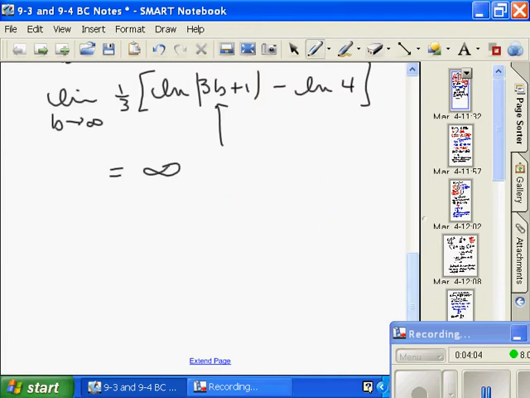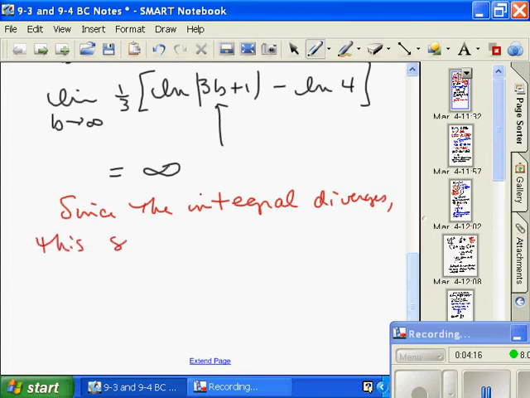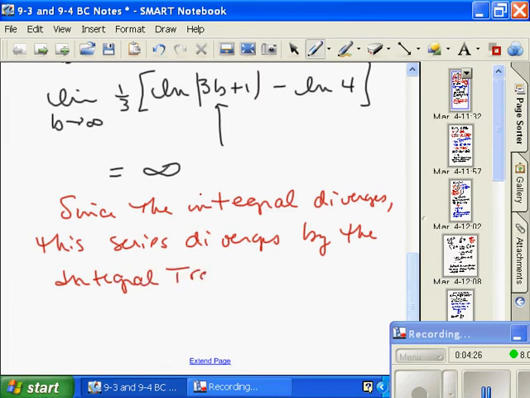Let me rewrite: since the integral diverges, this series diverges by the integral test. There we go. There's number 1.